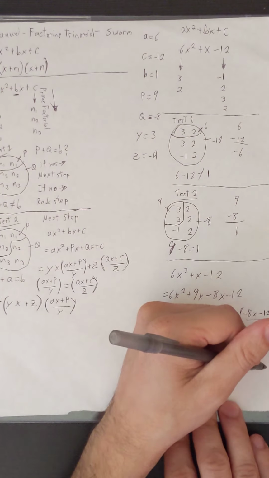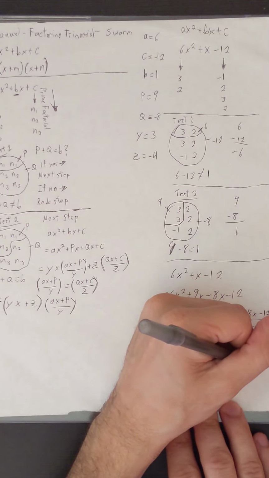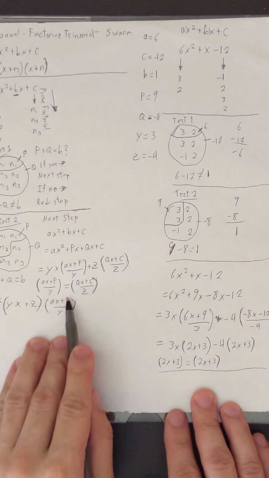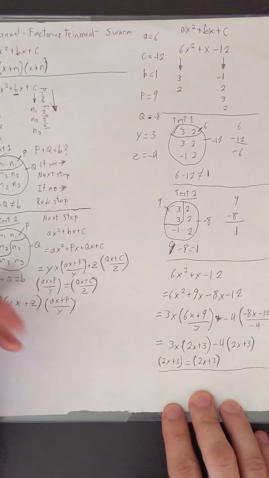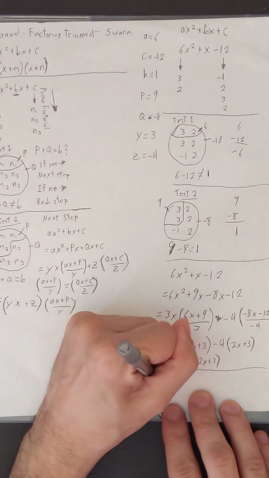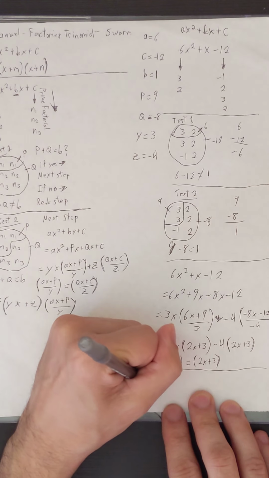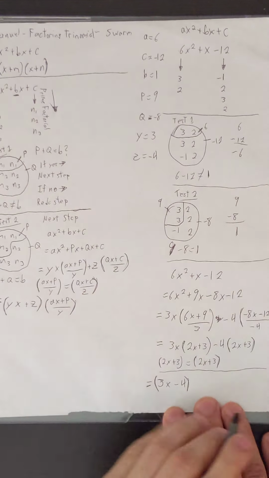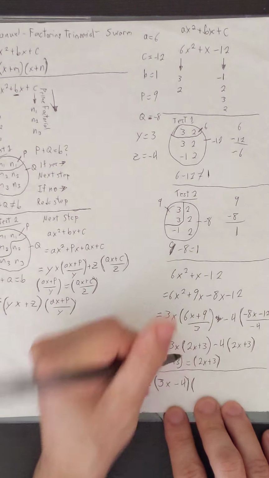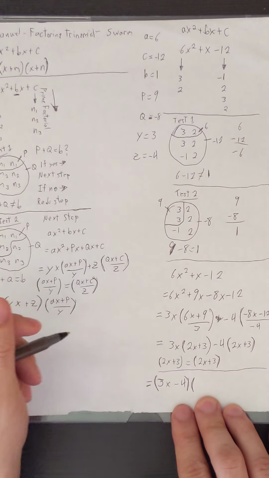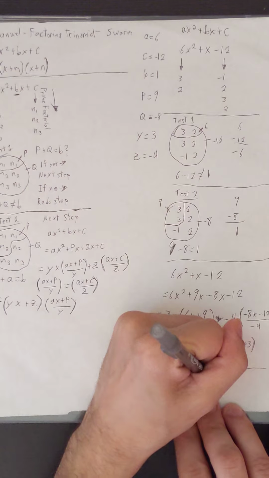So we're now ready for the next step. And we're almost there. See, we've done those steps. So now a little bit of algebra magic. We'll say that's equal to 3x minus 4, right, that's our yx plus z, times, and then we can just choose the first term because they're the same, it doesn't matter, 2x plus 3.